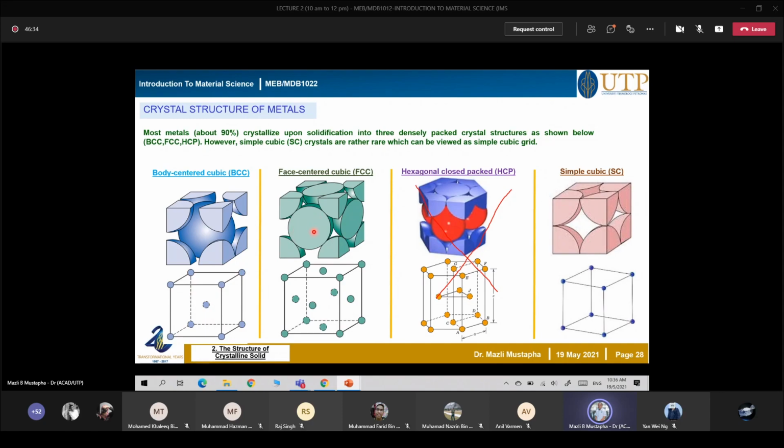For the face centered cubic, on every face of this cube there is an atom: 1, 2, 3, 4, 5, 6. And then at each corner you just put another 8 atoms. As long as you can draw like this, I think it is good enough.